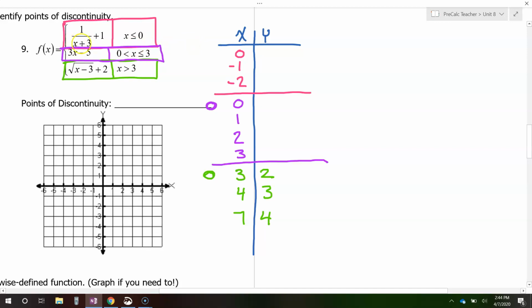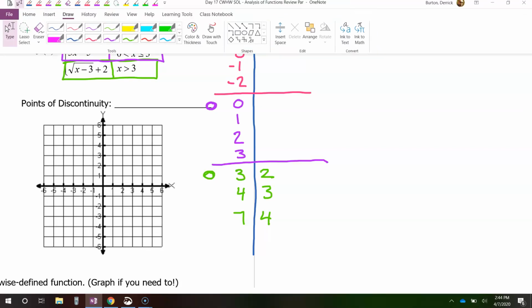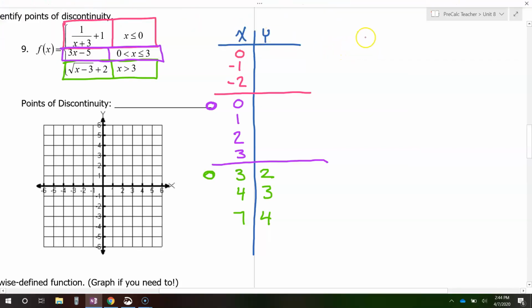So if I put in 0 right there, and I'm going to just do my calculations off to the side, then I'm going to end up with 1/3 plus 1. In other words, that's going to be 1 1/3. So that's going to be approximately 1.3, right? It's 1.3 repeating. So 0 and approximately 1.3. That'll be close enough.